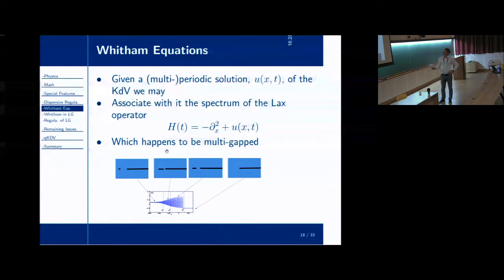Here I have a smooth solution, so I have a spectrum which doesn't have a gap in it. Here the oscillation starts, so the gap forms in the spectrum. It moves and then goes to zero again when the oscillation's amplitude goes to zero. So this is a sort of description. And one can write equations for the endpoints of the gap. These are called the Whitham equations.